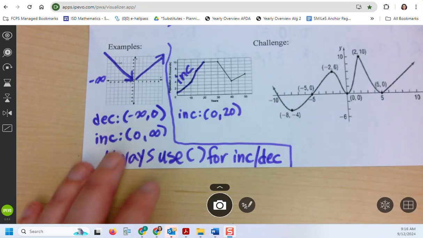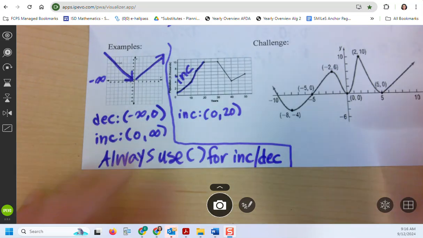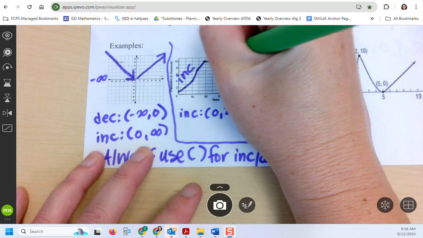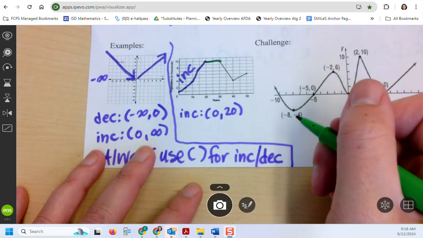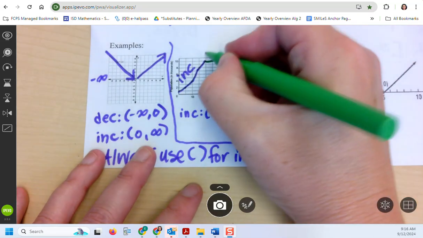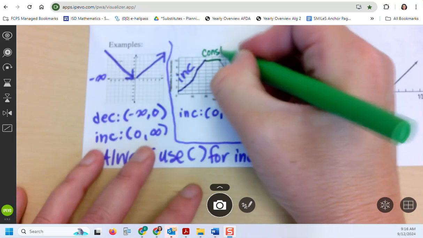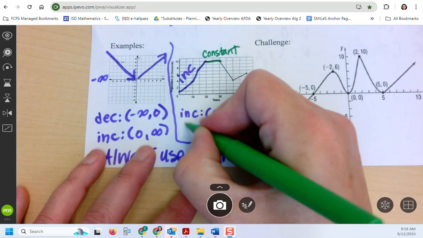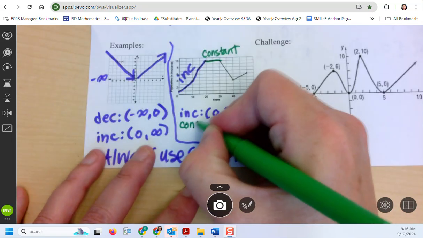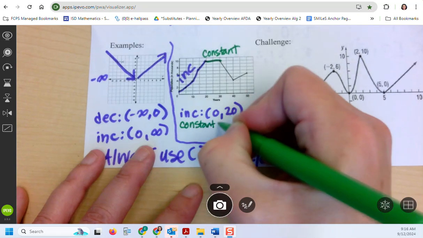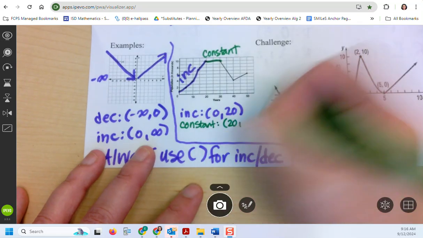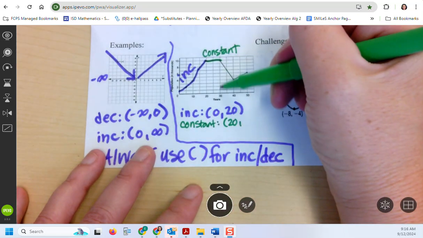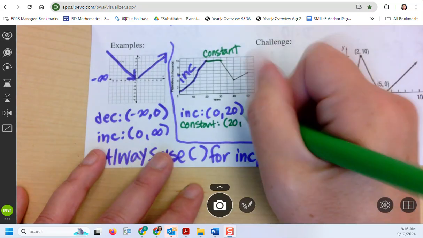All right, next section. Is this part increasing, decreasing, or constant? Constant is right. So Pierre the ant is constant from 20 until what? Is it 30?